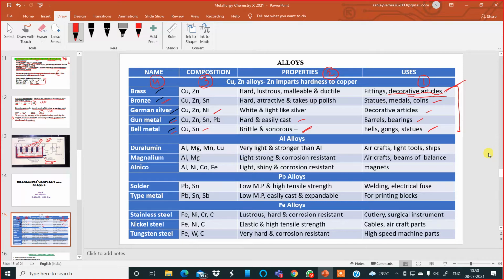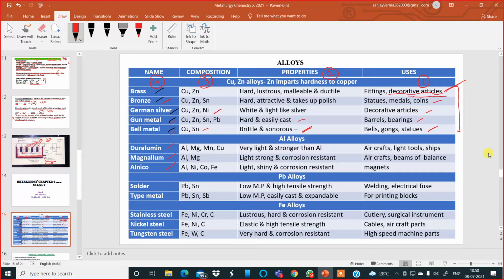Okay. Now come down to the next 3 alloys. Alloys of aluminium. The alloys of aluminium are duralumin, magnesium, and Alnico. Now the first alloy of aluminium is duralumin.